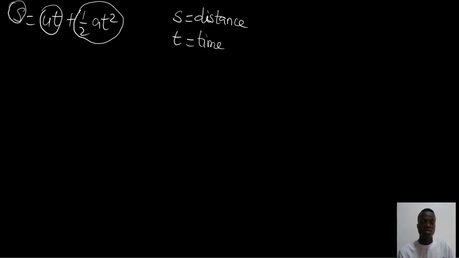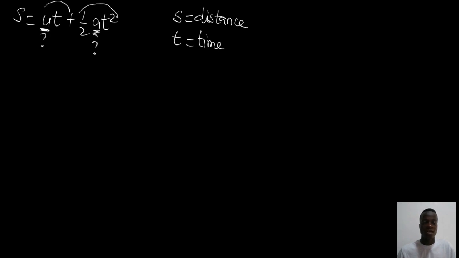So there are two terms here on the right side. Aside from the first one, they are looking for U, and they are looking for what A also stands for. So it means that in each term there is at least one item that is not known.